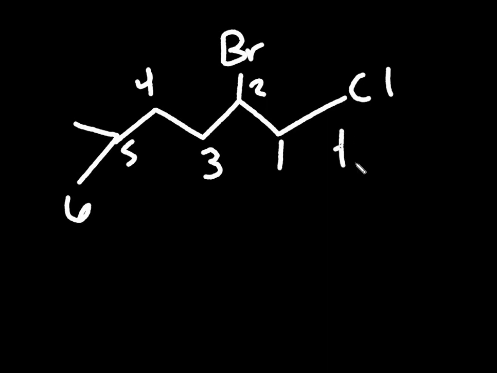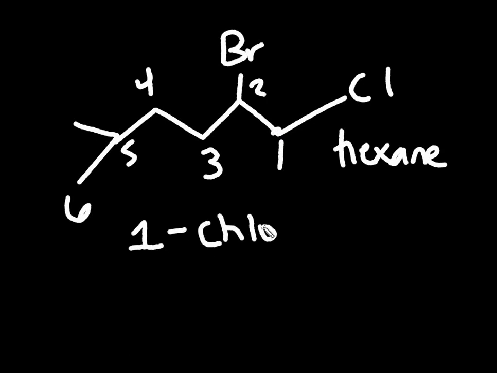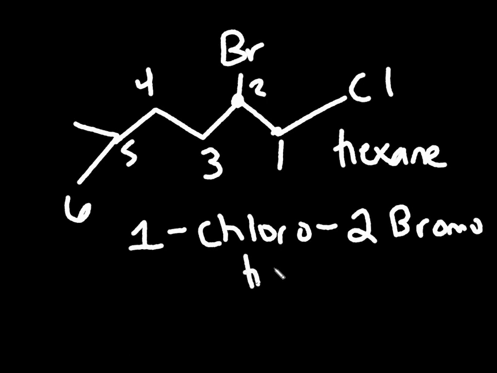So we know that this is a hexane. Got the longest chain of 6 carbons. So this carbon here has the chlorine, 1-chloro. At the second carbon, we have a bromine, and that is 2-bromo is what we call it. Hexane.